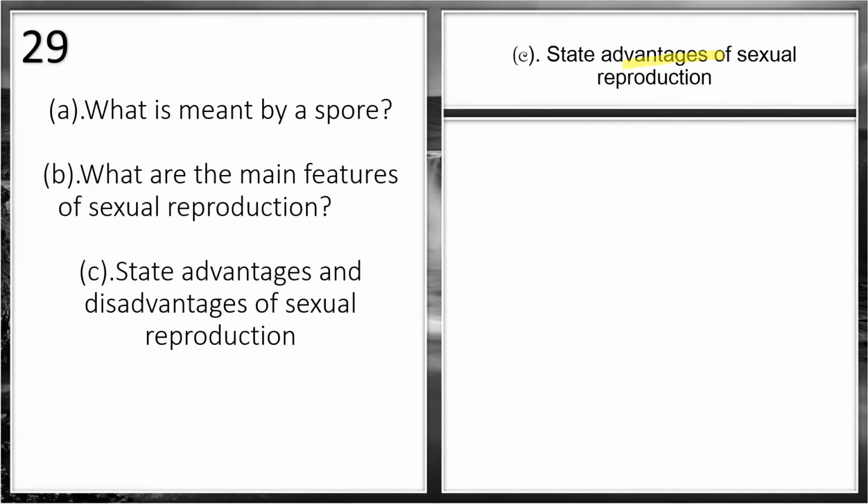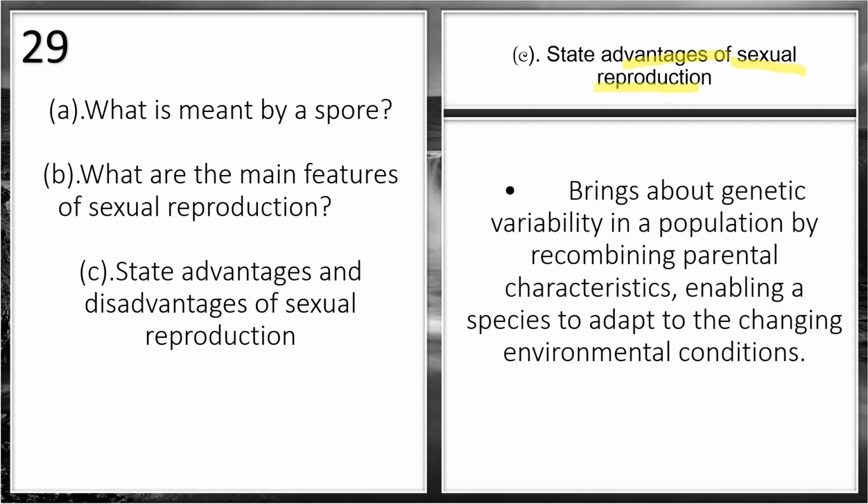State the advantages of sexual reproduction. It brings about genetic variability in the population by recombining parent characteristics, enabling species to adapt to the changing environmental conditions.